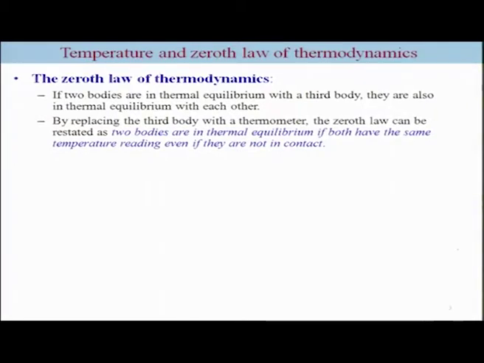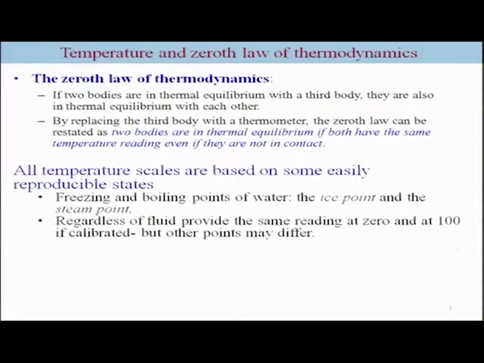Now, practically, it means that we need to understand how thermometers work. Now, all the temperature scales which have been devised are based on some easily reproducible state. Okay, and these states are basically the ice point and the steam point, so basically 0 degree and 100 degree.